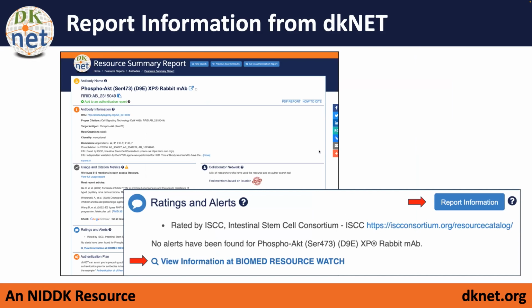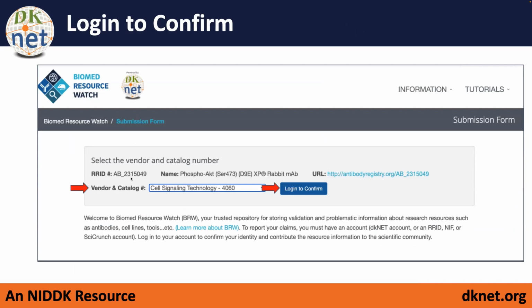As we mentioned, you can link directly from dkNET itself. So if you're looking for a resource, looking for its RID, you are probably doing that through the dkNET resource report. So instead of then having to go directly to the Biomed Resource Watch and input that RID, you link directly from the resource reports, and then we will ask you again to log in to provide this information.